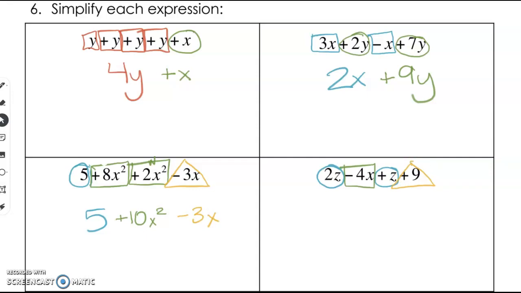I know that there's a 1 in front of that z, so 2z plus 1z gives me 3z, and then I subtract 4x. There's no other terms like 4x, and then add 9 at the end. Next, we're going to practice a little more.